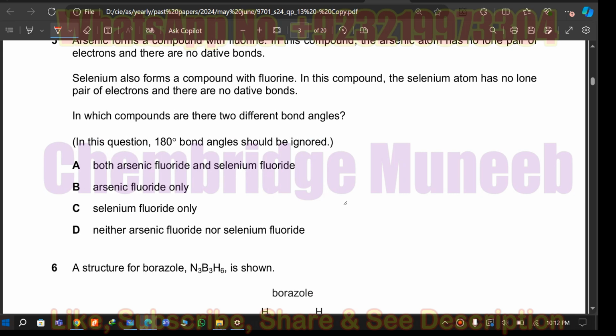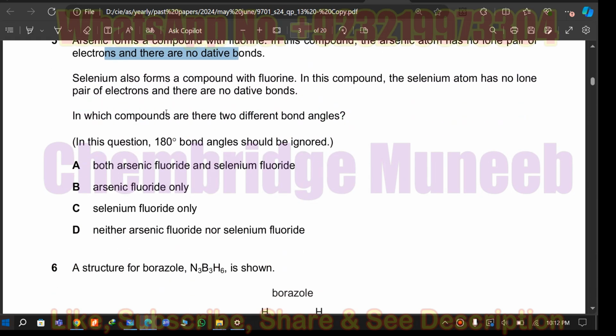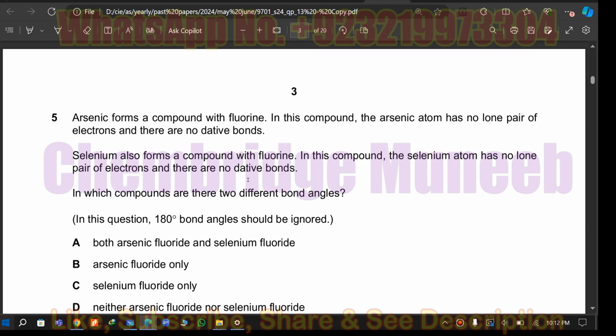Now moving to the next question, number 5. Arsenic forms a compound with fluorine. In this compound, the arsenic atom has no lone pair of electrons and there are no dative bonds. And then selenium also forms a compound with fluorine. In this compound, the selenium atom has no lone pair of electrons and there are no dative bonds.